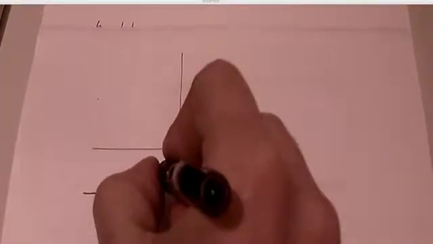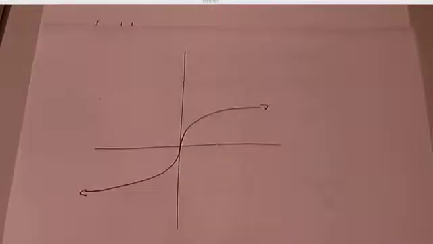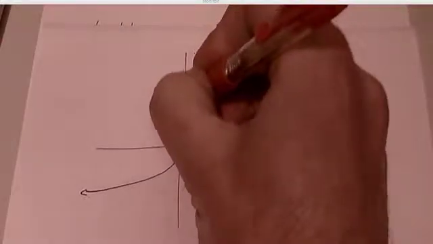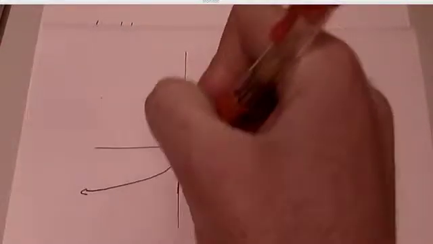Now, there are other ways in which a function can be not differentiable at a particular point. Let's say we have the function y equals the cube root of x. It looks something like that. Notice that something strange happens right here at x equals 0.